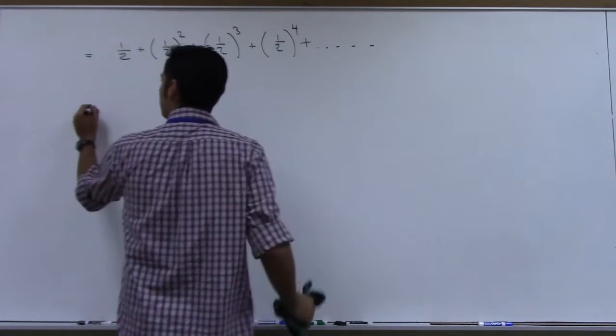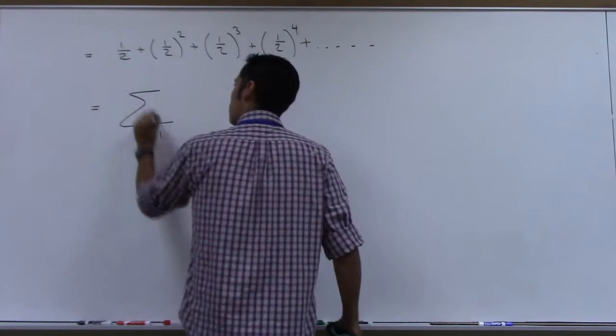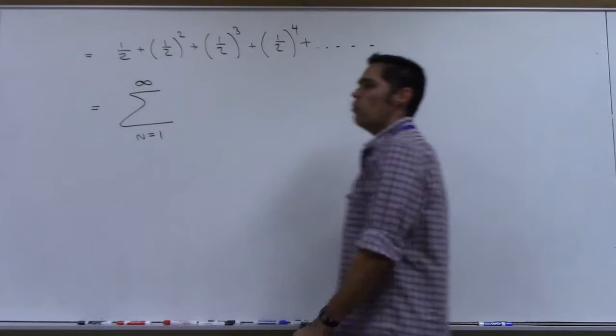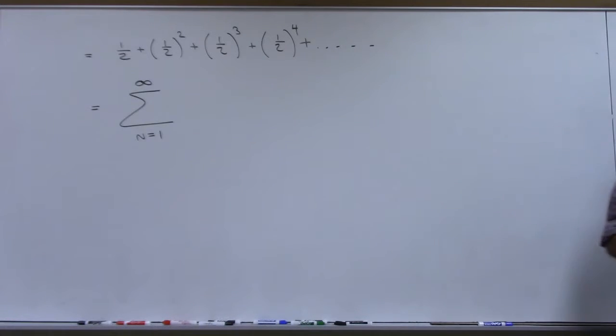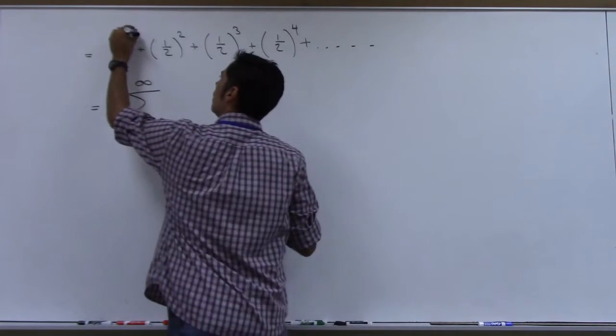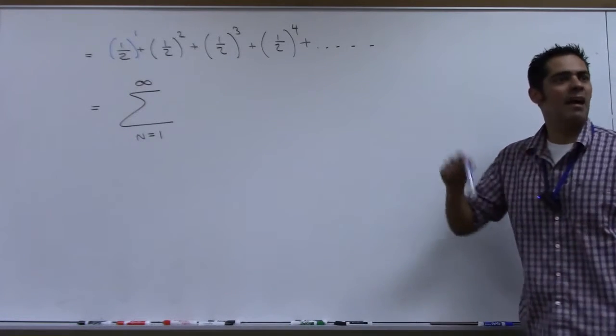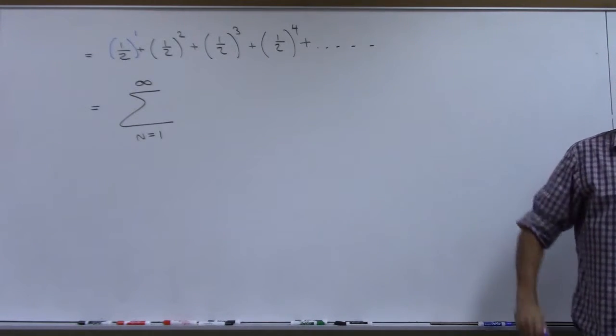Which written as a series notation with sigma would be n equals 1 to infinity of what? What are those powers up there? Isn't this just 1/2 to the n?